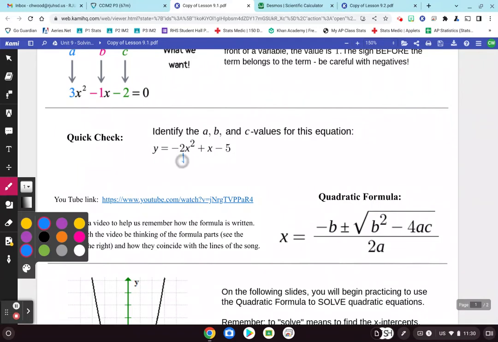From the first term is where I would identify that A is -2, the number in front. From the second term is where I would identify that B is +1, the number in front of the x. Remember, it's invisible; there's one x there. And then C, the coefficient of my last term, is just the number you see, your constant number of -5.